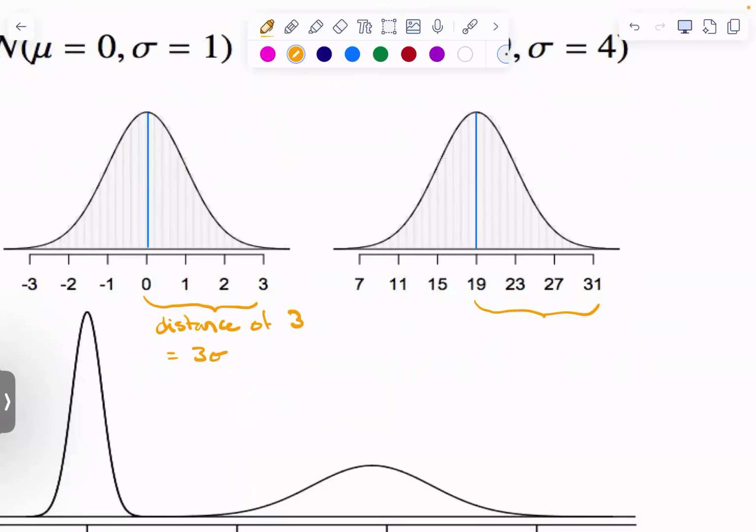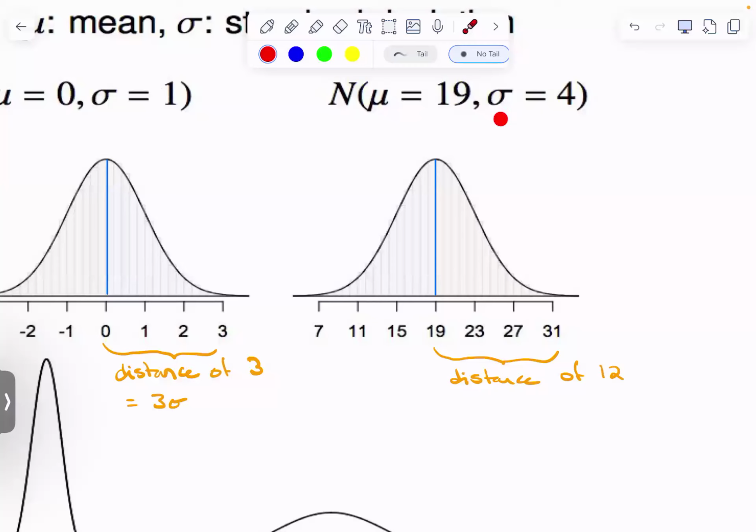We kind of lose interest. The area below the curve after 31 in this case, right, is so small. Areas under the curve are probabilities. So it can happen, but it's very unlikely is what that translates to. Now that distance between 19 and 31 is 12. This is a distance of 12.